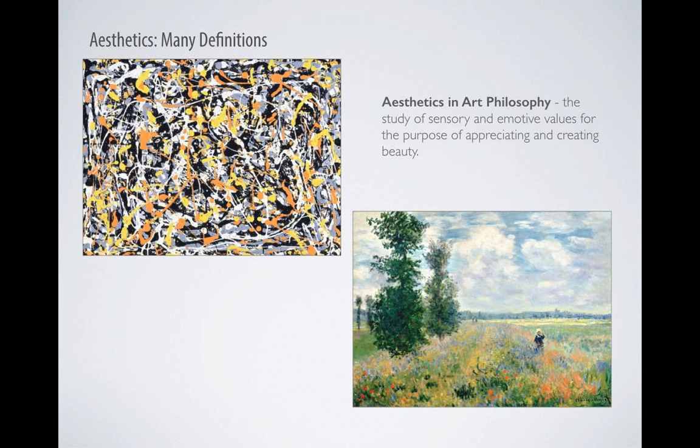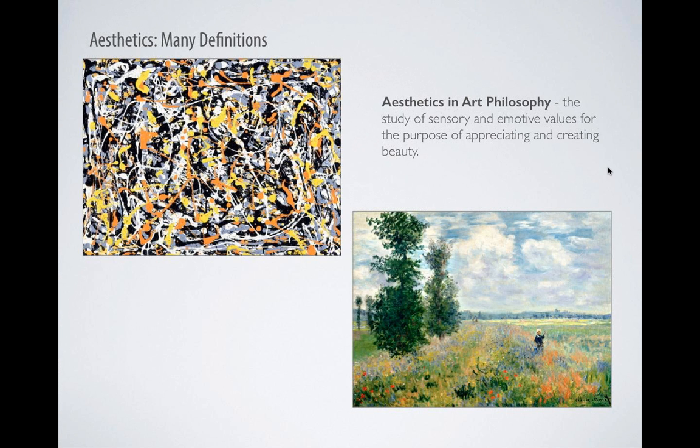Aesthetics actually originates from philosophy, particularly the philosophy of art, where it was dealing with the appreciation and creation of beauty. So it was an exploration of what people find beautiful, because clearly different people find different things visually appealing.